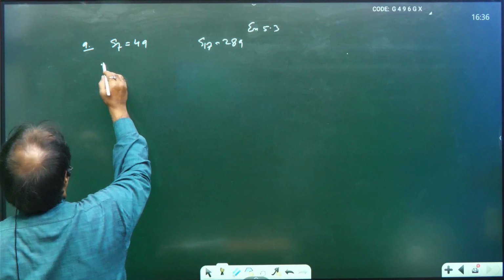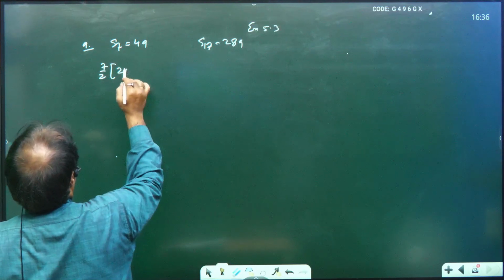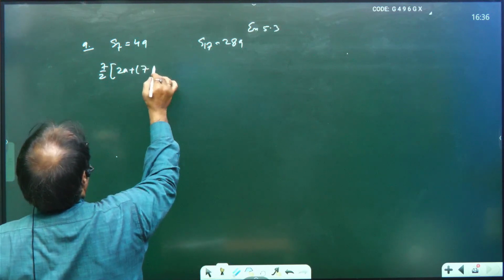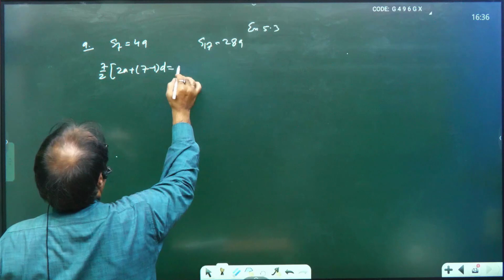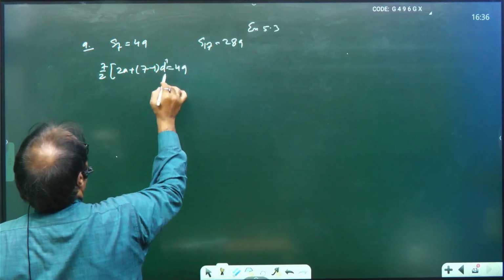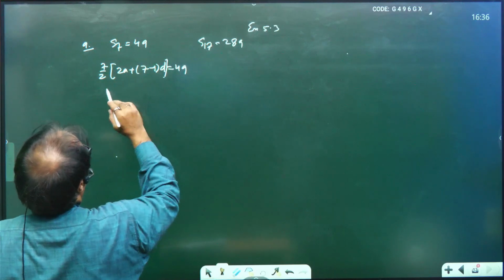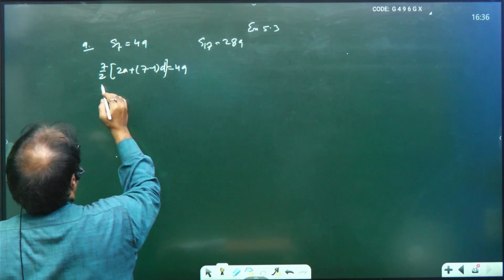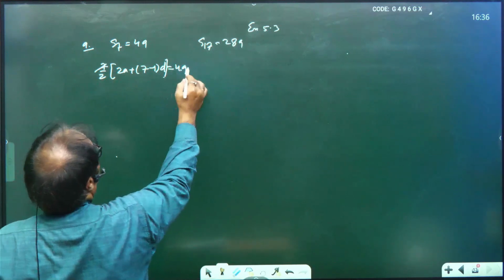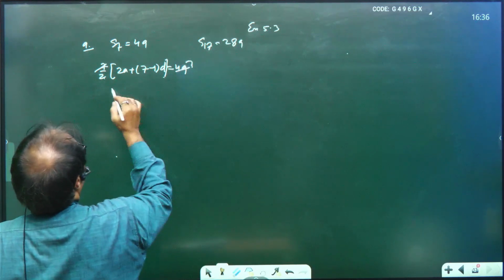S7 means 7 by 2 into (2a plus (7 minus 1) into d) is equal to 49. Okay, so 7 sevens are 49 and 2 sevens are 14.